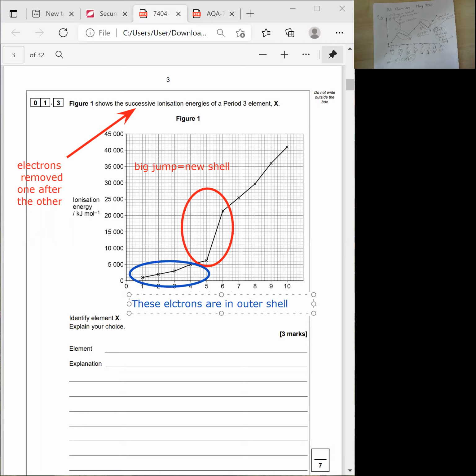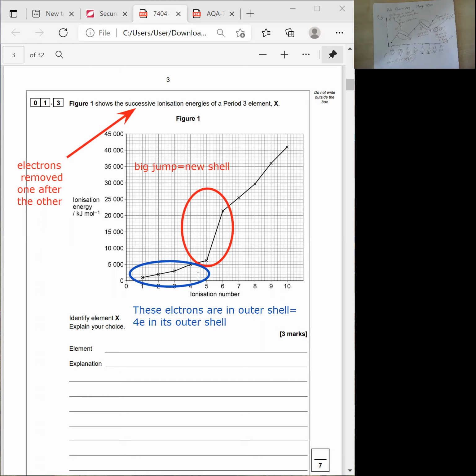So if these electrons are in the outer shell, that means it's got 4 electrons in its outer shell. So X must have 4 electrons in its outer shell. So now it's in group 4 because it's got 4 electrons in its outer shell because of the big jump.